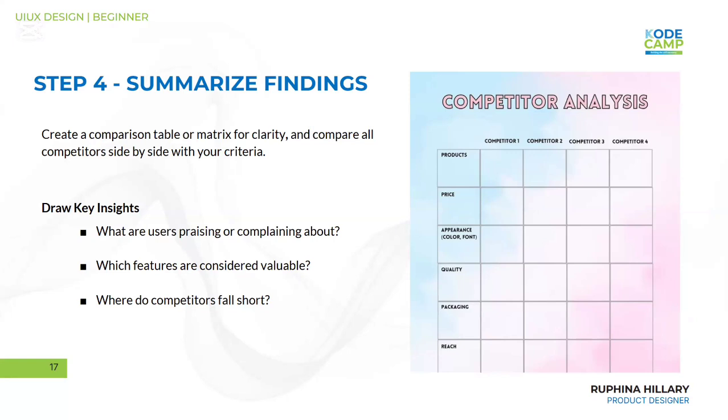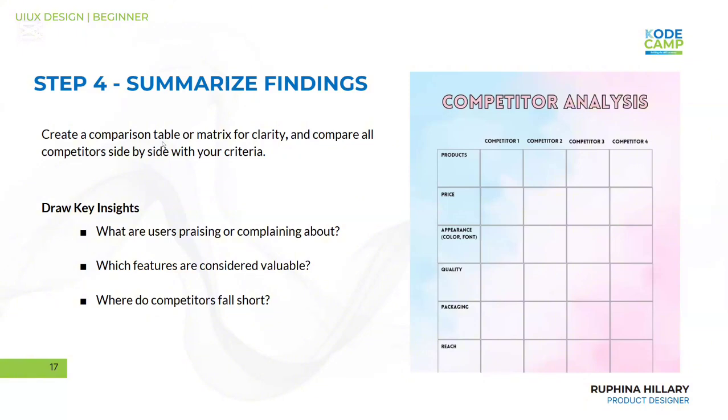So most of the time when you see blue and green from afar or from anywhere, the first thing you think of is CodeCamp. This is brand identity. So what's their brand identity? What's the quality of their products, their packaging, their reach? So it depends on what key factors you are trying to analyze. That's what will form the columns of your table.